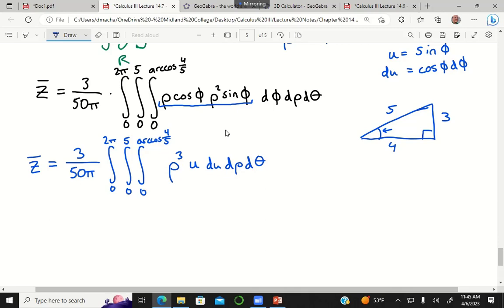If I take the sine of that angle, sine is opposite over hypotenuse, it should be 3/5. So Stephen is exactly right. My new upper bound should be 3/5. And then sine of 0 is 0, so I can leave the lower bound as 0. Yeah, good catch.